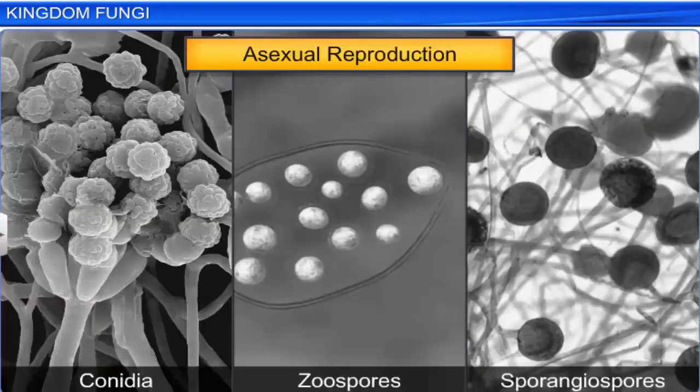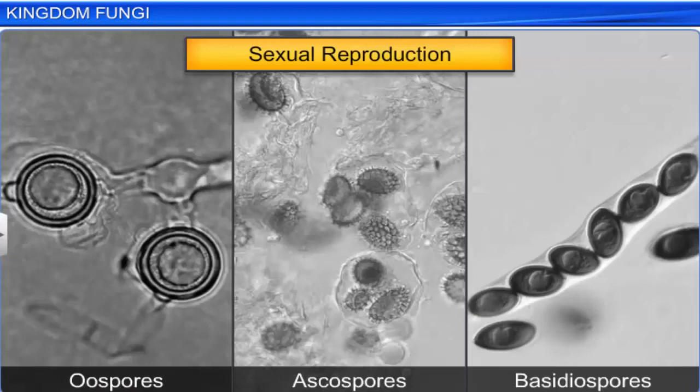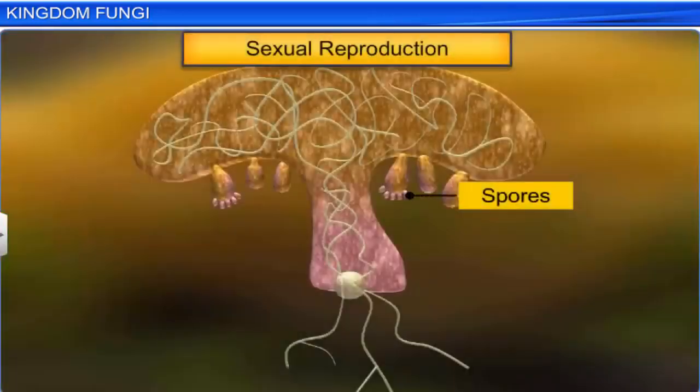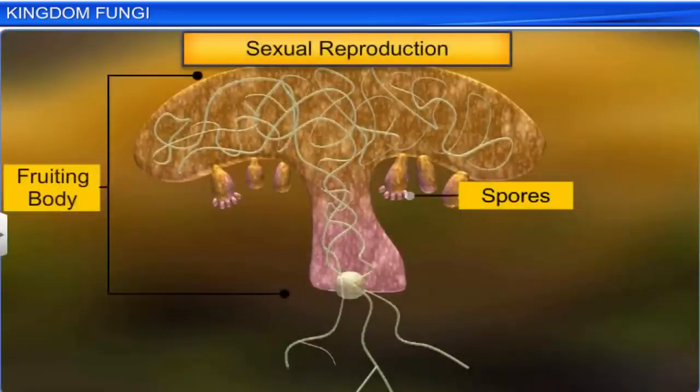They can reproduce asexually by either one of the following spores: conidia, zoospores, or sporangiospores. They also reproduce sexually by either oospores, ascospores, or basidiospores. All these spores are produced in structures called fruiting bodies.